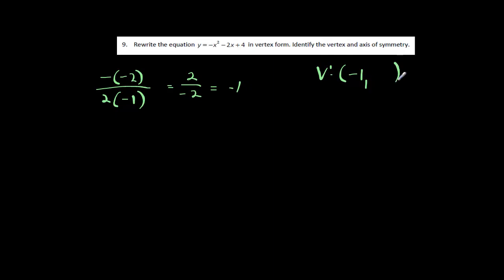Number 9, rewrite the equation in vertex form. So it would be helpful to know the vertex. So the opposite of b divided by 2 times a. That becomes 2 divided by -2, which is -1. Let's plug in -1 back in.